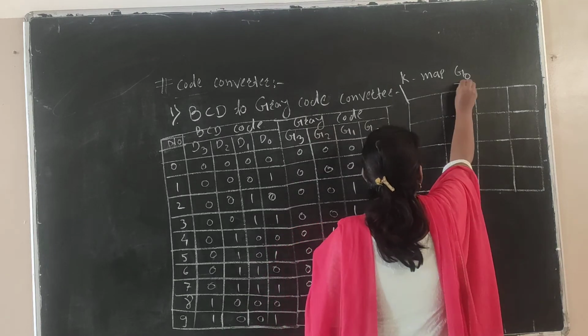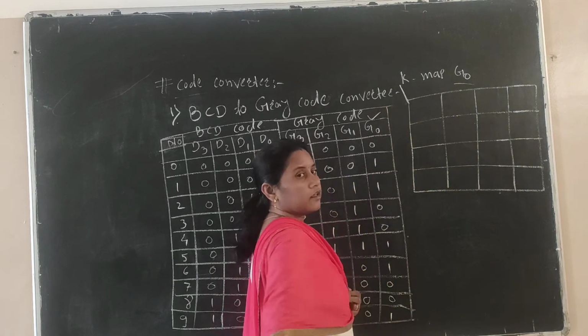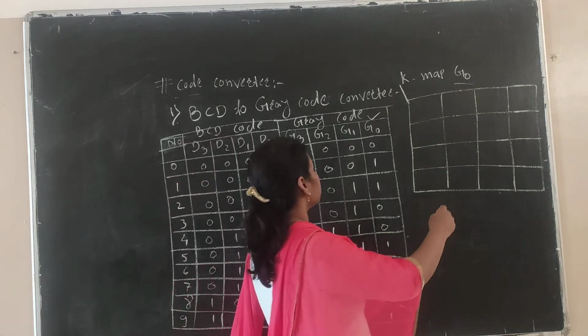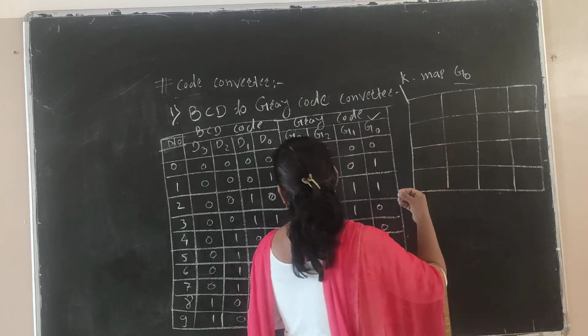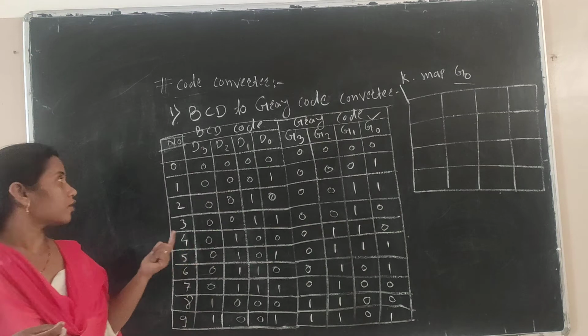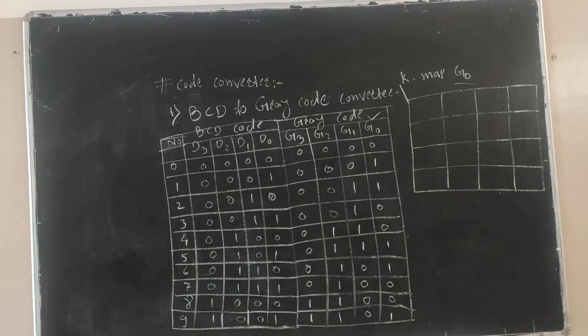For G0, we just take these outputs, but the respective inputs are D0, D1, D2 and D3.